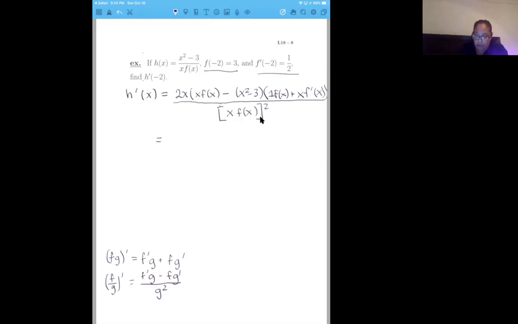So here we go. I have 2 times x, which is -2. And then I have -2 f of -2, minus (-2 squared minus 3), times 1 times f of x.